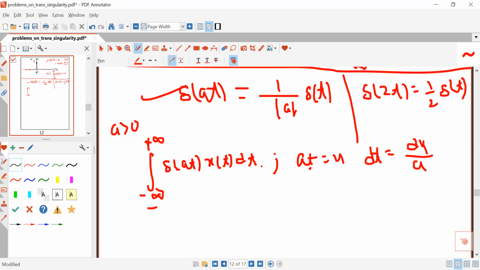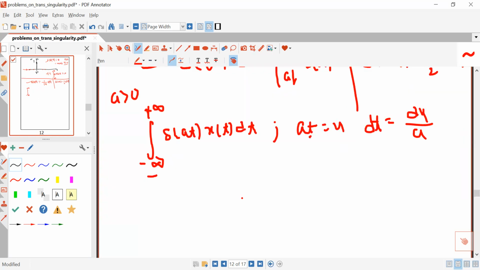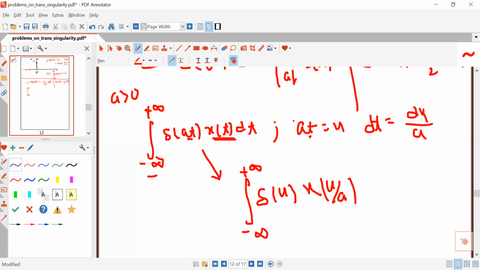So the limits remain the same. The integration in terms of u becomes minus infinity to plus infinity, delta u, x of t, where t can be written as u by a, and dt is du by a.